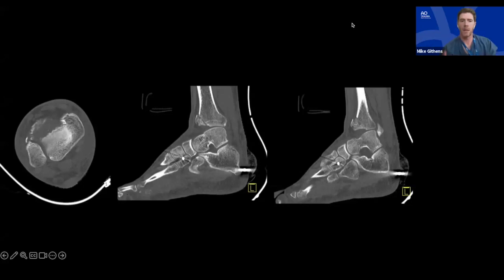Yeah, that's a great point, and thank you for interrupting me. Please continue to do it because I'll miss things. But yeah, you think about this just like a posterior wall. Any partial articular injury is going to have some degree of marginal impaction or a big skid zone, and in these cases, that can be really, really challenging to deal with. So absolutely need to recognize it, plan for it, and have a strategy to bring it down.